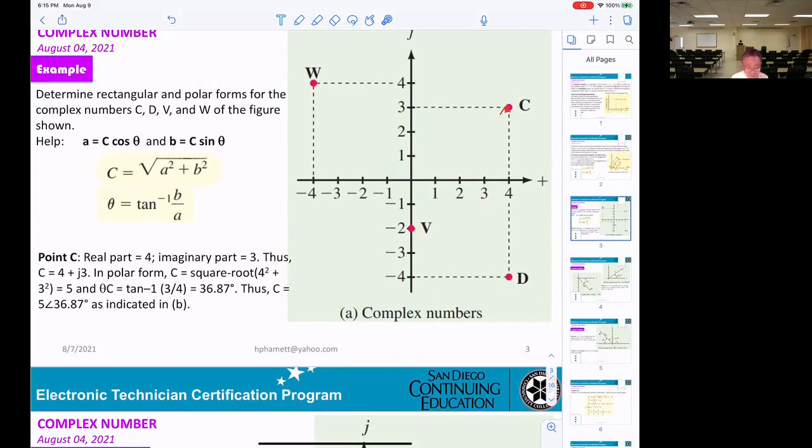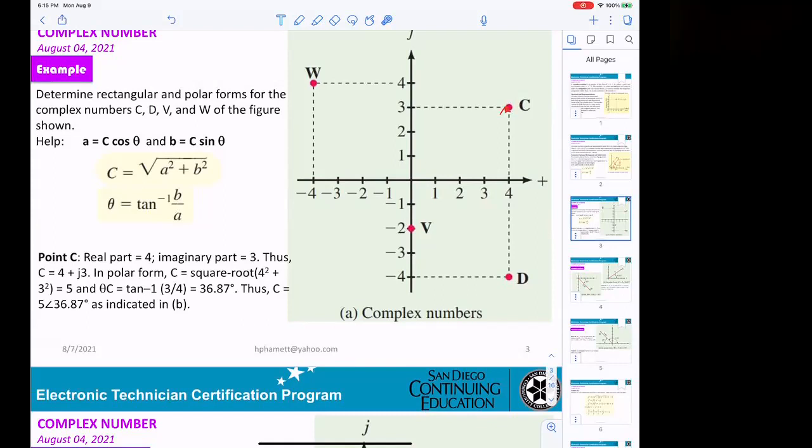Now, point C. What's the real part? 4. And what's the imaginary part? 3. So in the rectangular form, C equals 4 plus j3.